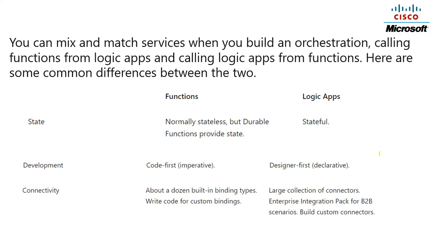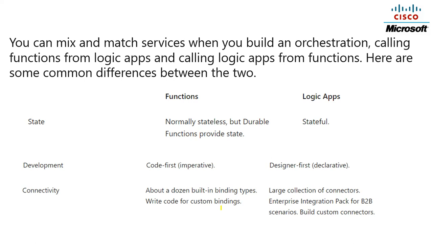Let's see the next one, which is connectivity. In terms of connectivity, functions have about a dozen built-in binding types, and you write code for custom bindings.